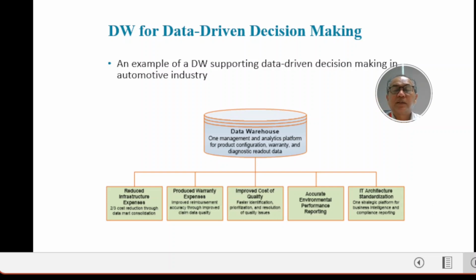The example here is in the automotive industry, where with the use of a data warehouse, the organization could reduce its infrastructure expenses, improve reimbursement accuracy and claim data quality, improve cost of quality, provide accurate environmental performance reporting, and standardize IT architecture.